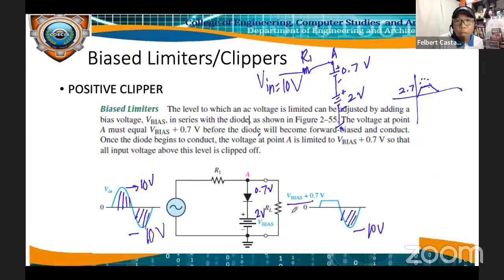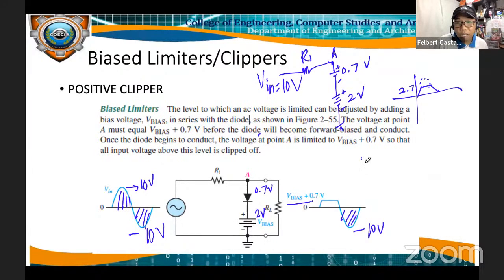Pero kung halimbawang may significant difference na, pwede mong i-calculate using the voltage divider.